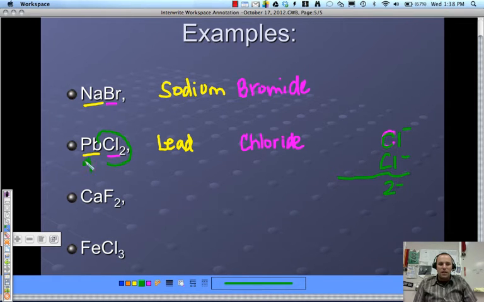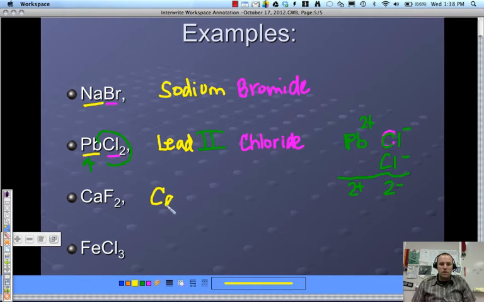How many leads are there? 1 lead, right? There's only 1 lead over here. So that means that it had to be what? 2+ in order to balance out, because it has to equal 0, if you recall from the other day. So that means that my Roman numeral then is a Roman numeral 2. Pb 2+ means that it's lead 2 chloride.